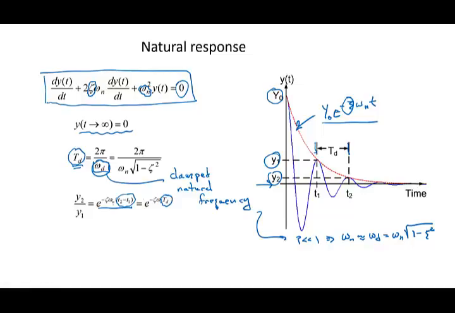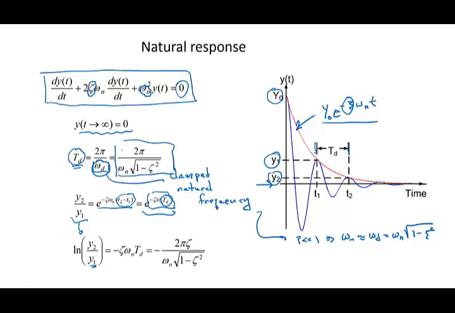We can solve this equation for zeta, or the damping ratio, by taking the natural log of both sides. So the natural log of y2 over y1 is equal to negative zeta omega n t sub d. And if we take this expression here and plug it in there, we can get an expression for the damping ratio in terms of these two y values.